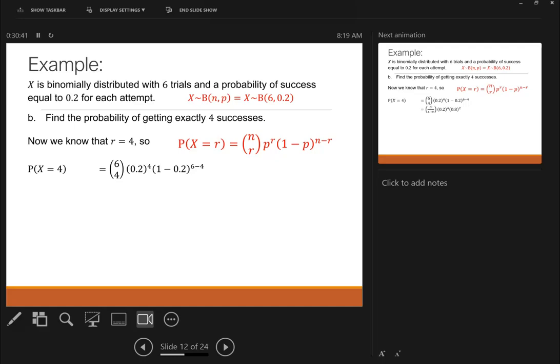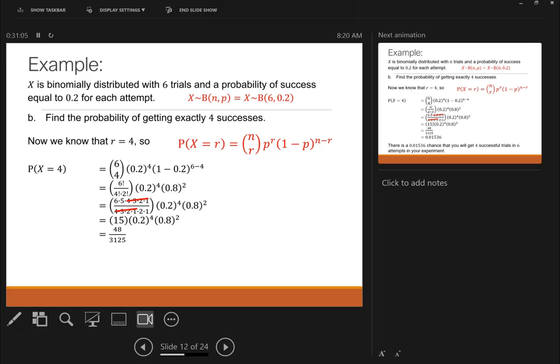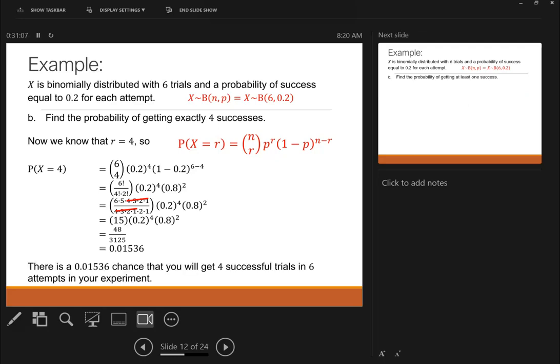So if I plug in 6 for n, 4 for r, and 0.2 for p, I can just kind of grind this through, put my combination formula in, expand my factorials out, do a little clever reducing. I get 48 over 125, or just a shade over 1.5%.